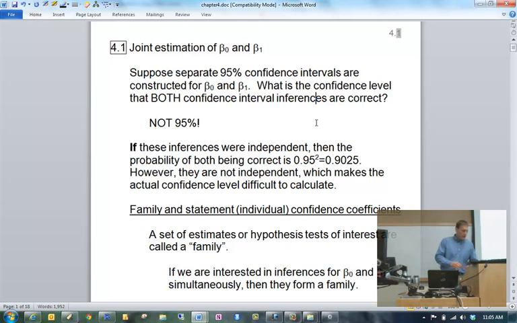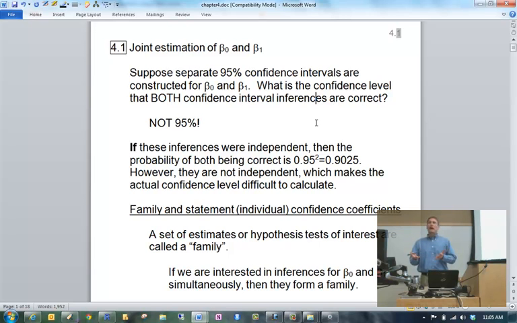This first topic involves the joint estimation of beta 0 and beta 1. What the book is talking about in this particular case is that often we would like to be able to look at confidence intervals for these corresponding parameters, or in fact, you could do hypothesis tests for these corresponding parameters. You want to do them for both.